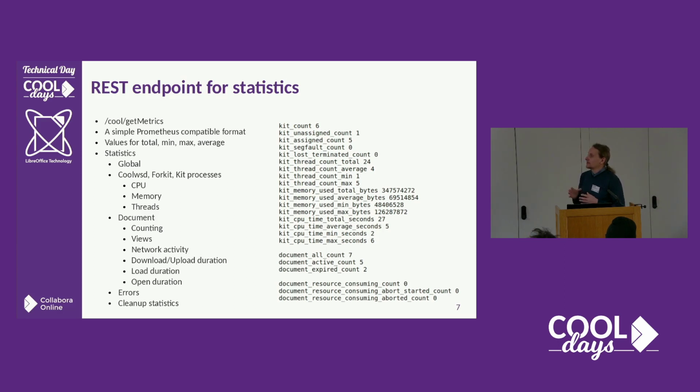The metrics are provided in a simple Prometheus-compatible format. The Prometheus format is a little bit more complex, but we are providing the statistics in a very simple format. On the right side, you can see an example of some statistics. Usually it's the name of the statistic followed by a value. It's difficult to say that this is a format, but this is, let's say, the basic format of Prometheus.